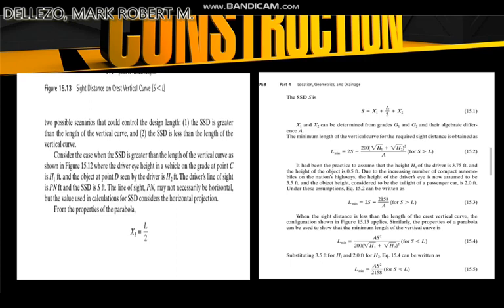The driver's line of sight is Pn feet and the SSD is S feet. The line of sight Pn may not necessarily be horizontal, but the value used in the calculation for SSD considers the horizontal projection from the properties of the parabola.